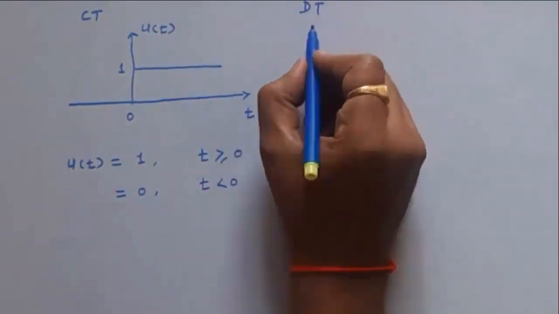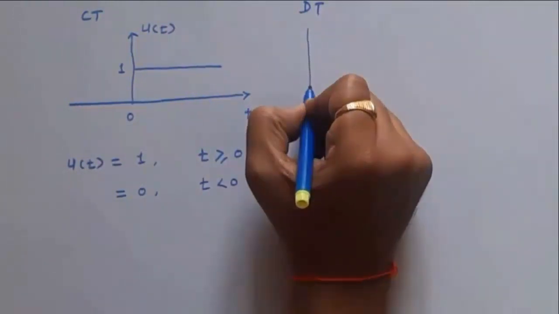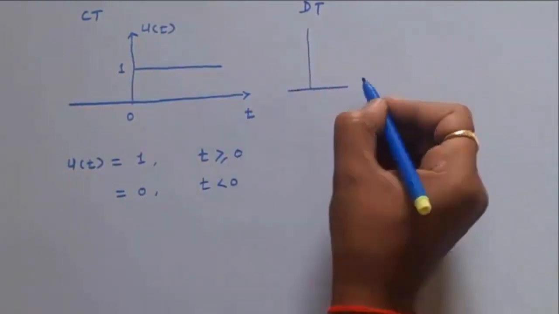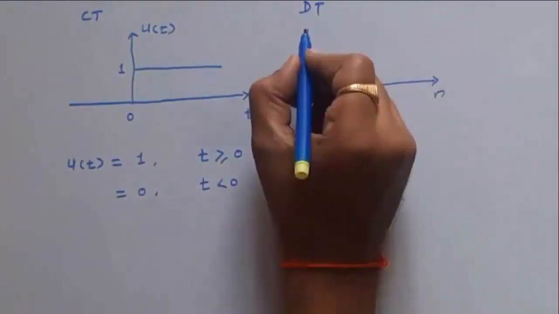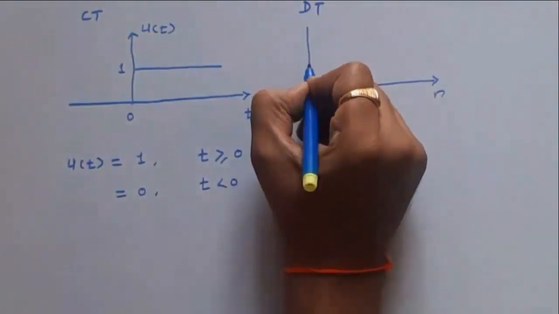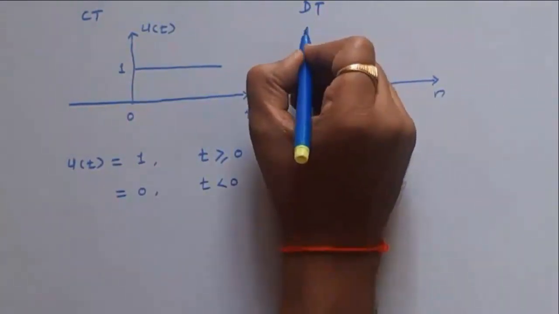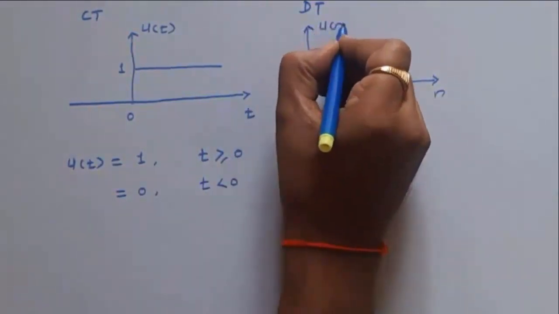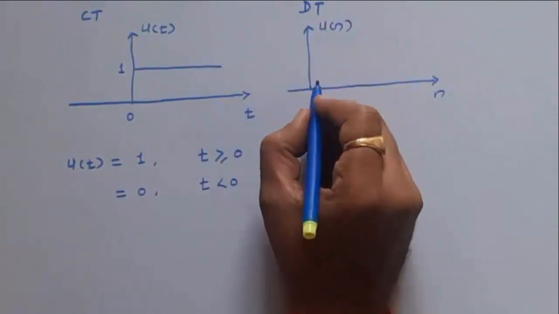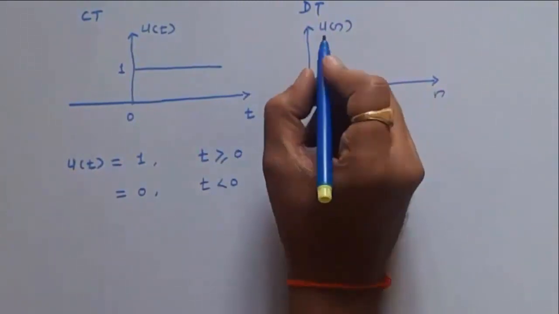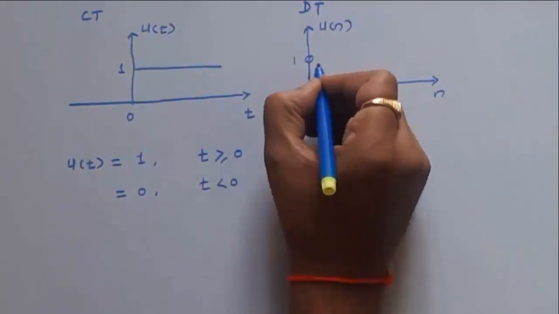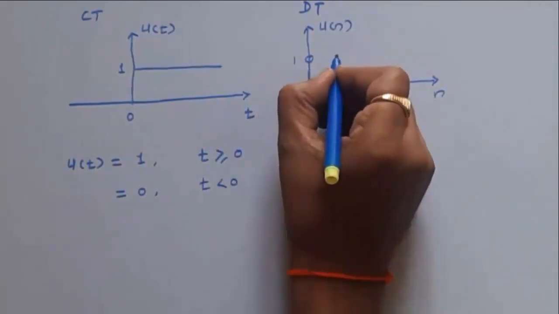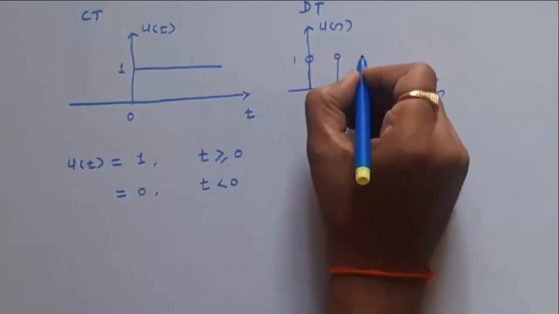Similarly, for discrete time, unit step signal is represented as u[n]. And this signal u[n] has samples of amplitude 1 for all values of n greater than or equal to 0.